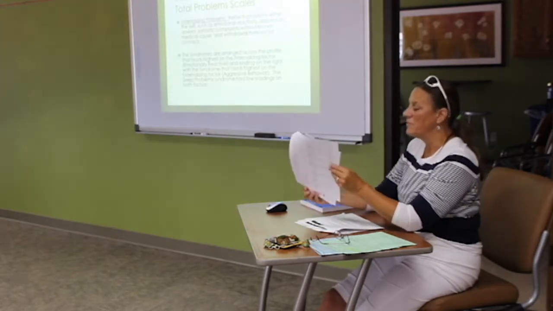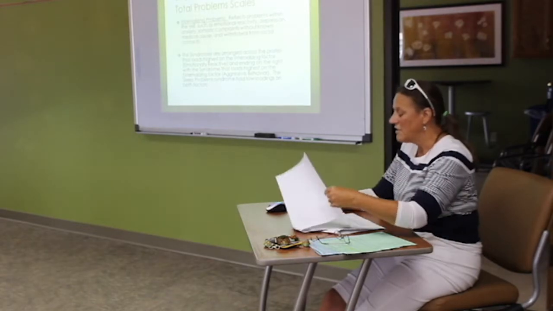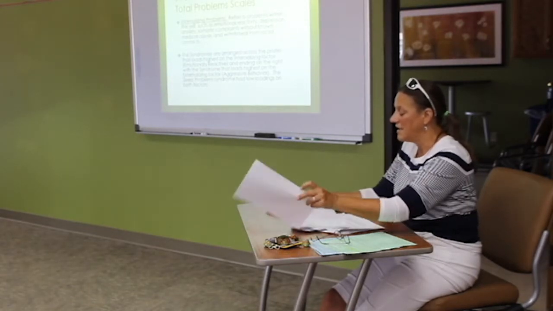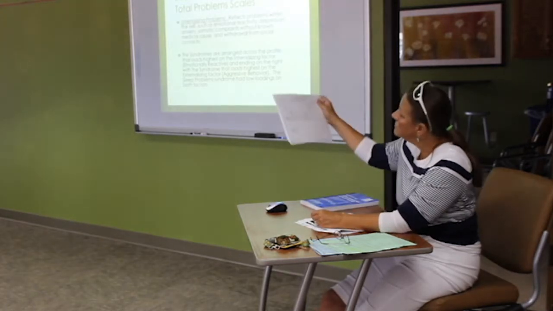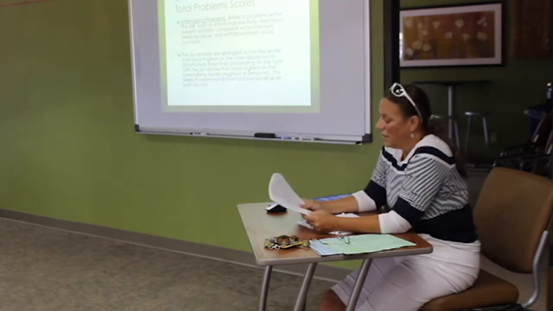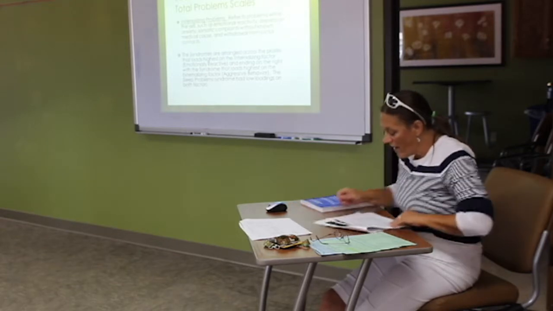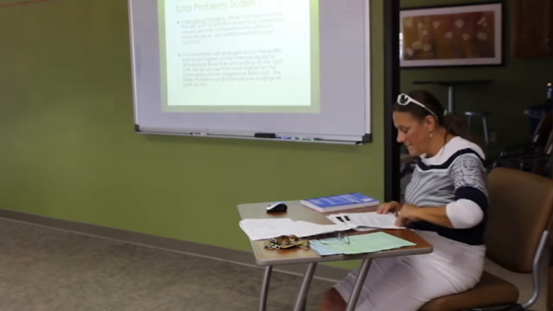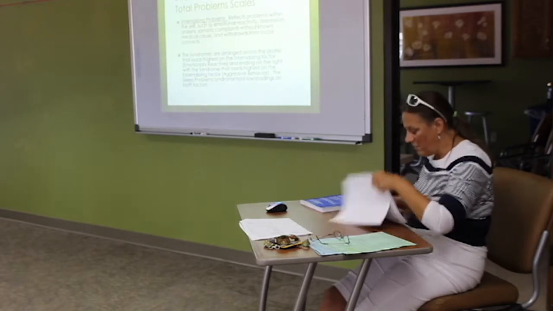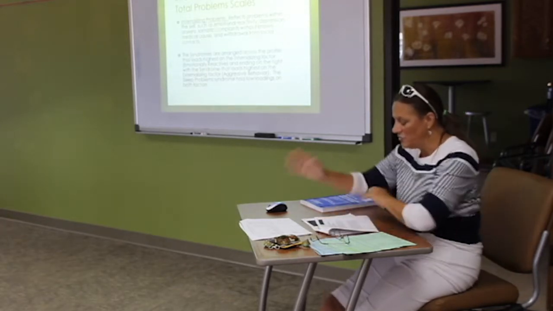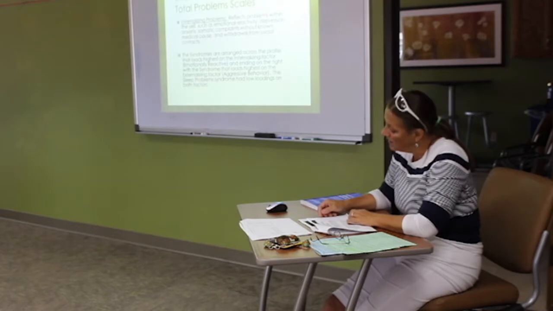And then the other one that the printout gives us is the internalizing, externalizing, and total problems. So that's in the middle of those two. And very good, we are running on time, so I'm going to be wrapping things up here. So internalizing problems, all right?